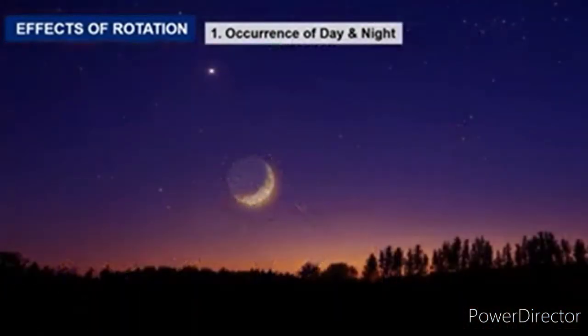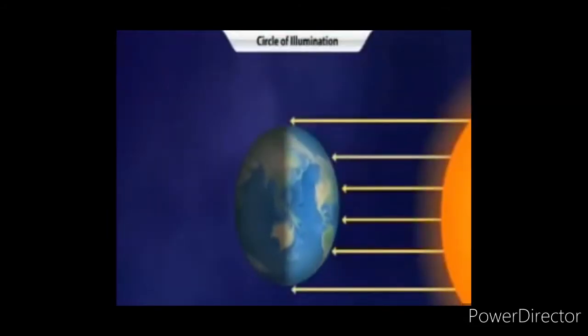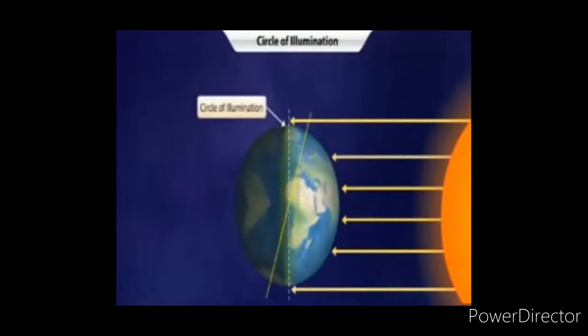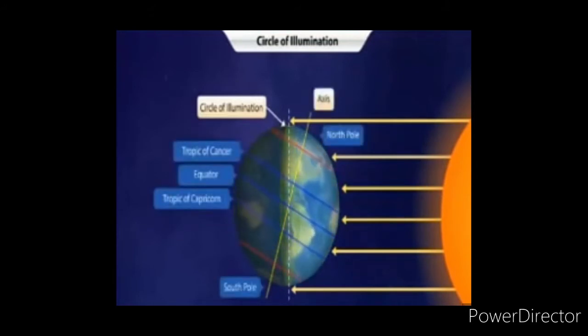So it is the earth that changes its position, not the sun. The imaginary line that divides day from night is called the circle of illumination, as it indicates the portions experiencing light and darkness. The duration of the day and night is not equal at all the places on the earth.